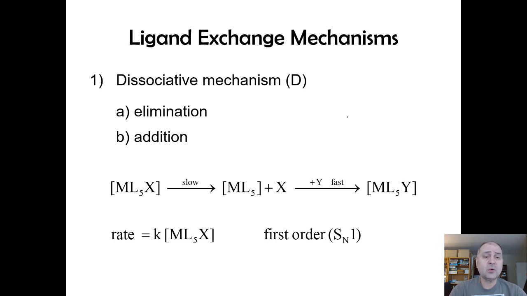Okay, similar to organic chemistry, where we have SN1 and SN2 reactions, first order and second order reactions, we have a similar type of mechanism. If we have a complex that dissociates first, we call that a dissociative mechanism, right? So we're talking about ligand exchange. We're going to kick out X, and the two types are associative and dissociative.